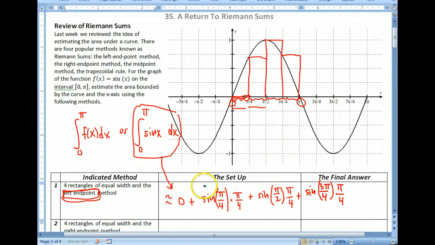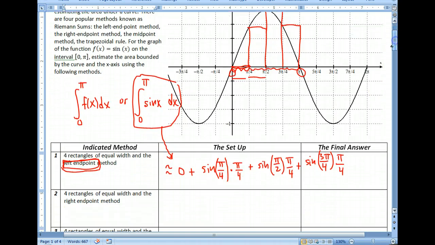can we simplify this without a calculator? Yes. Why? Unit circle. We know sine of pi over 4. What is sine pi over 4? Square root of 2 over 2, yes. So 0 plus, I'm not going to write that again.